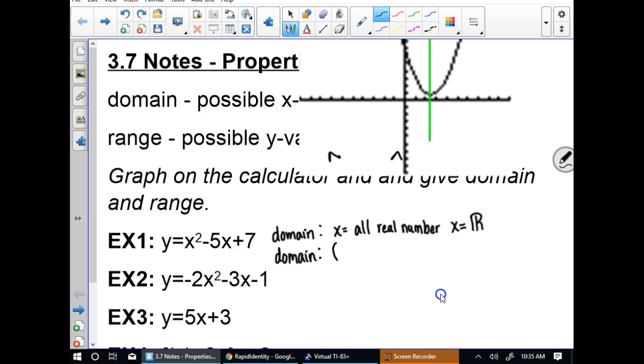For this one, it's not going to really help you a whole lot. But we would go from negative infinity to positive infinity. That means all the numbers, right? So negative infinity to positive infinity, that is all real numbers. You'll see on the range for this one how it's a little bit different. Let me give myself a little more room here.